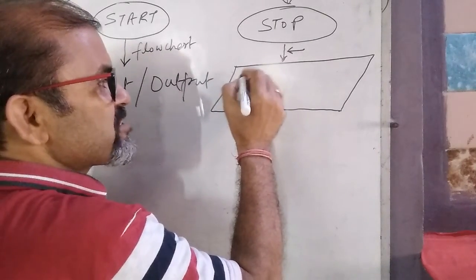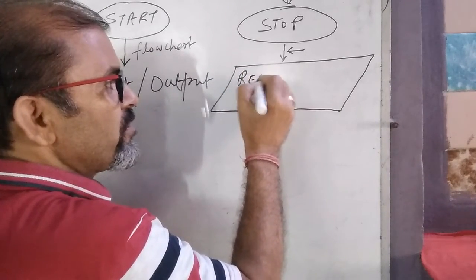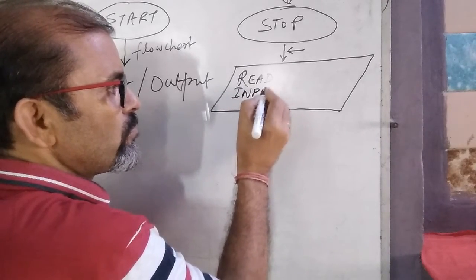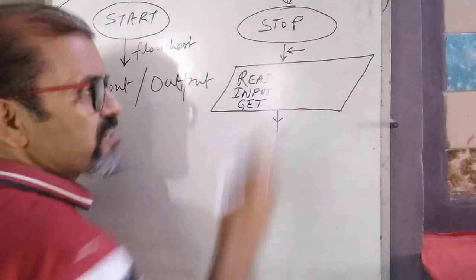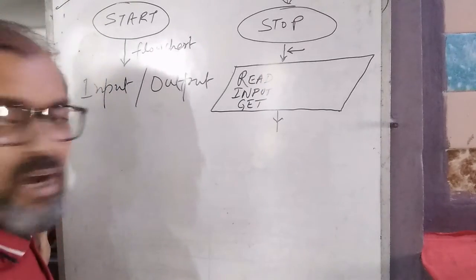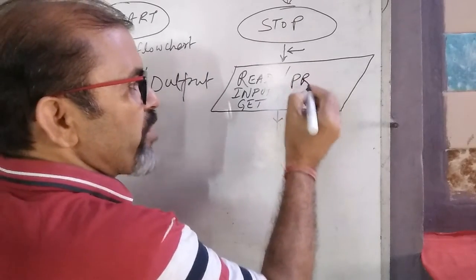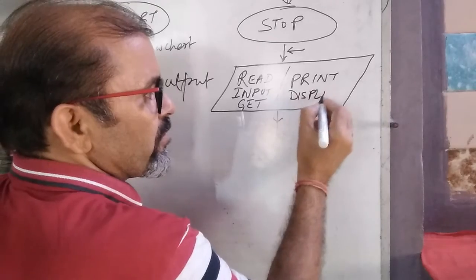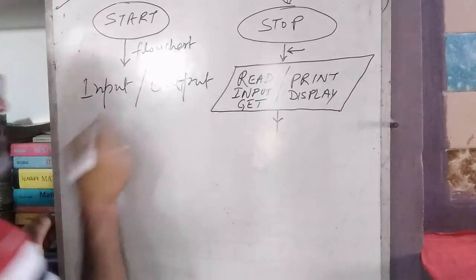Within this we can write instructions using read or input or get. Any word can start here. And if it is being used as an output symbol, there we have to write print or display. Print or display, right? Or sometimes output also.